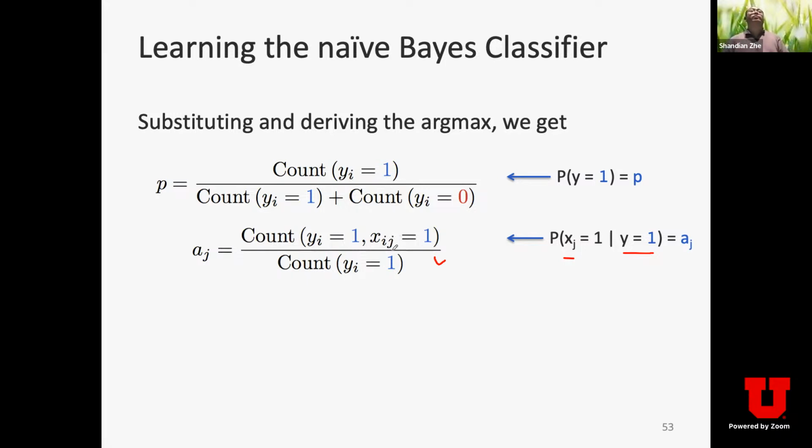Then you just look at the ratio. Suppose you got 10 positive examples, and among these 10 you got 5 examples whose j-th feature is 1. Then your aj is 5 over 10. Very intuitive, right? You just count and look at the ratio.